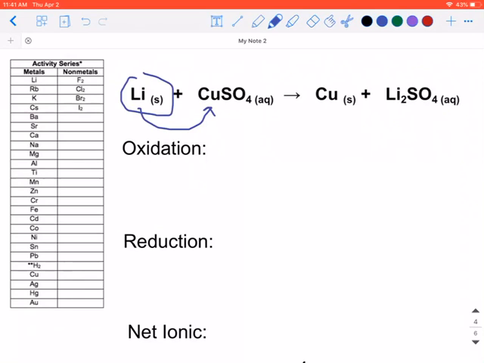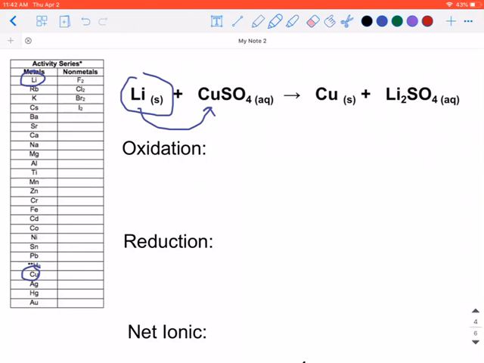Usually when two things are swapping places, it's the two metals in a single replacement reaction. Since lithium is the higher element on the activity series, and copper is way down here, and the single element has to be higher on the activity series, this reaction does occur, so we are good to move forward.